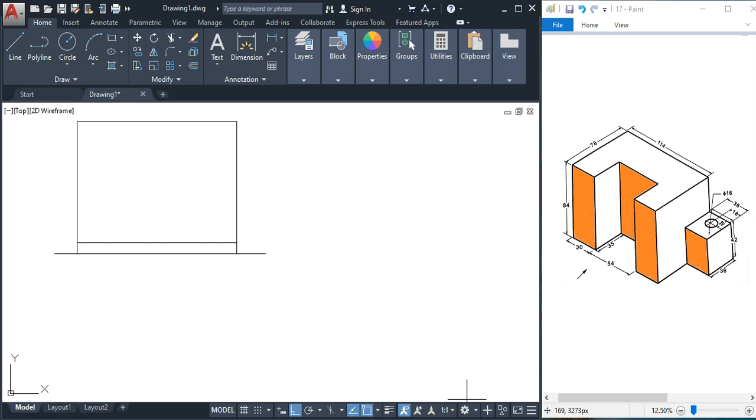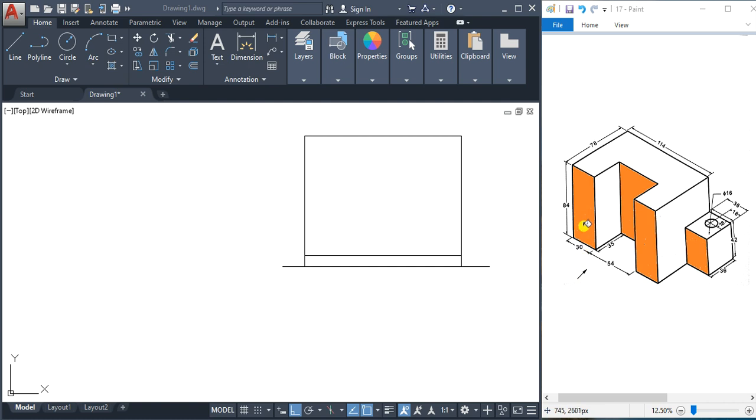And now we will represent these rectangles. If you see, this is given 30, so from this we will measure 30, and from there we will draw a vertical line to represent the first rectangle.